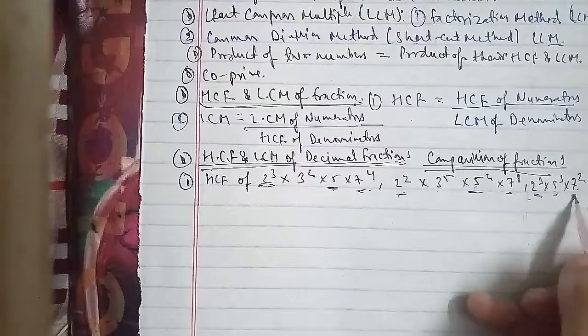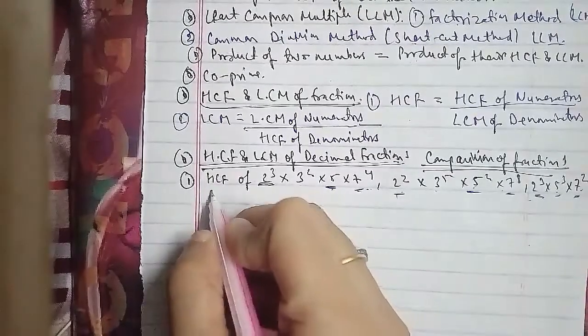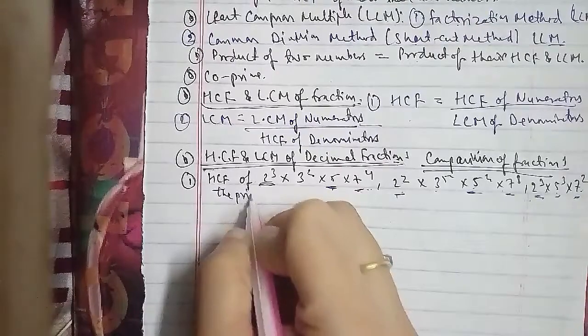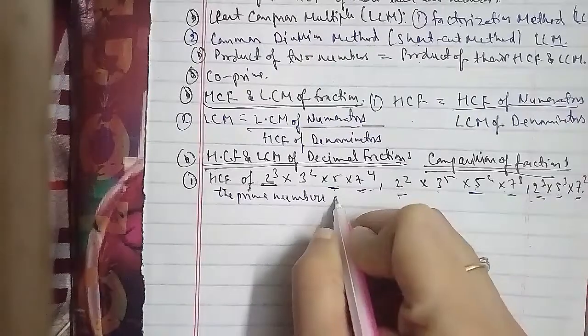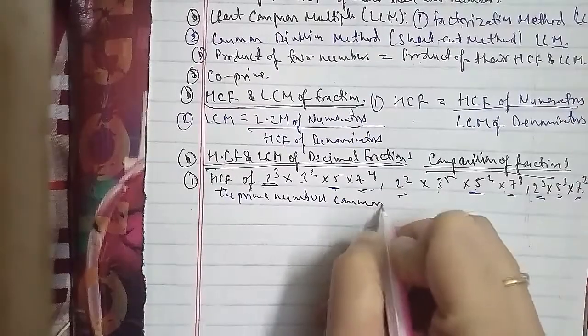The SCF for that: for 2, here we have 2 power 3, here 2 power 2, and here 2 power 3, so the smallest is 2 power 2.